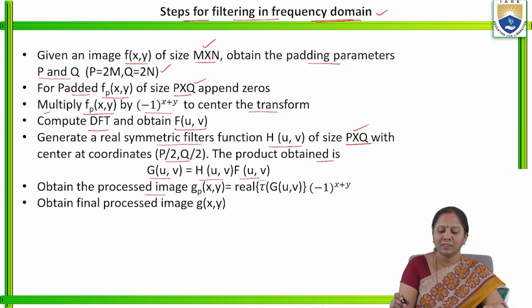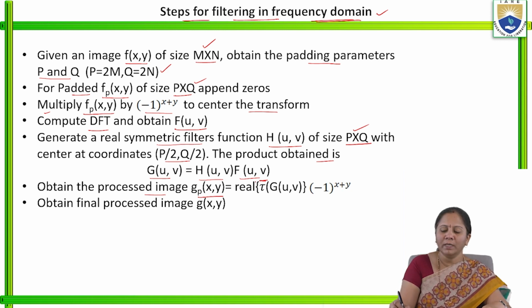That means after this filter, the output we get has to go through post-processing, because pre-processing was done at the initial stages. So gp of x comma y is equal to the real value of the inverse transform of G of u comma v, multiplied by minus 1 power x plus y.